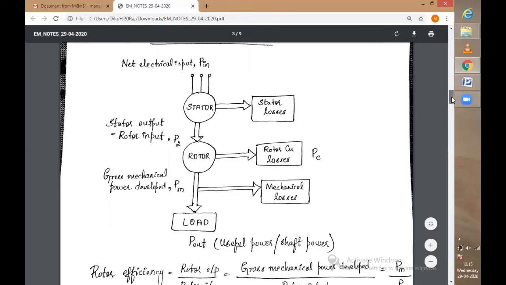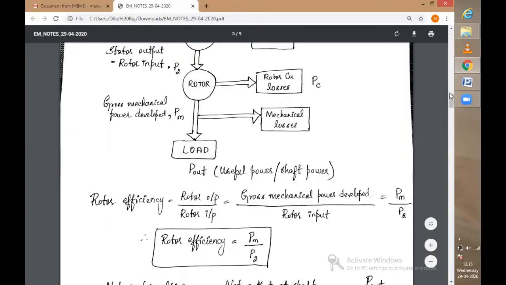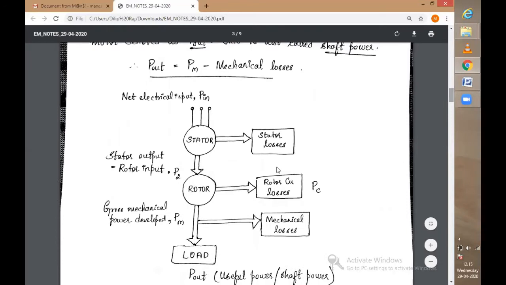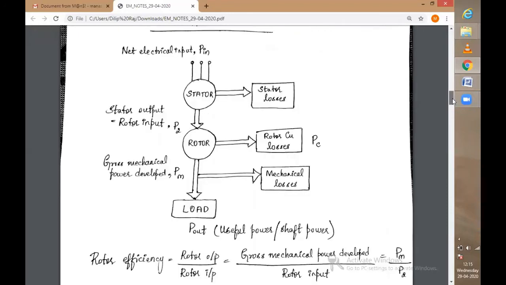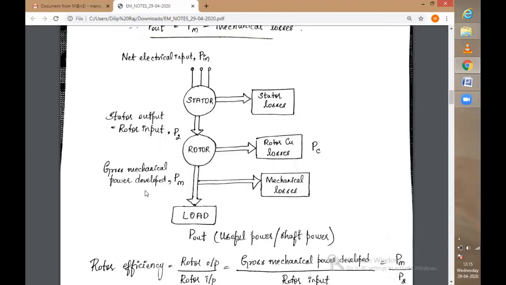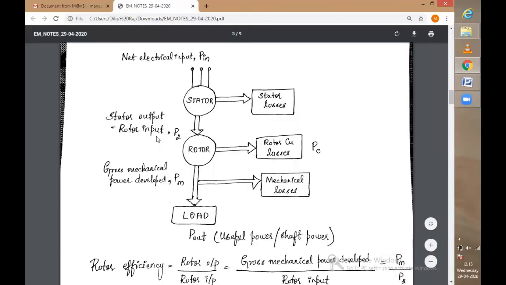This power is regarded as P2, and a part of P2 is spent to compensate the rotor copper losses, which is called PC, and the remaining power is called PM, which is the gross mechanical power developed. A part of PM is spent to compensate the mechanical losses, and ultimately the power which is delivered to the load is called the output power, useful power, or the shaft power. So the entire concept of power flow in an induction motor is represented symbolically through this representation.